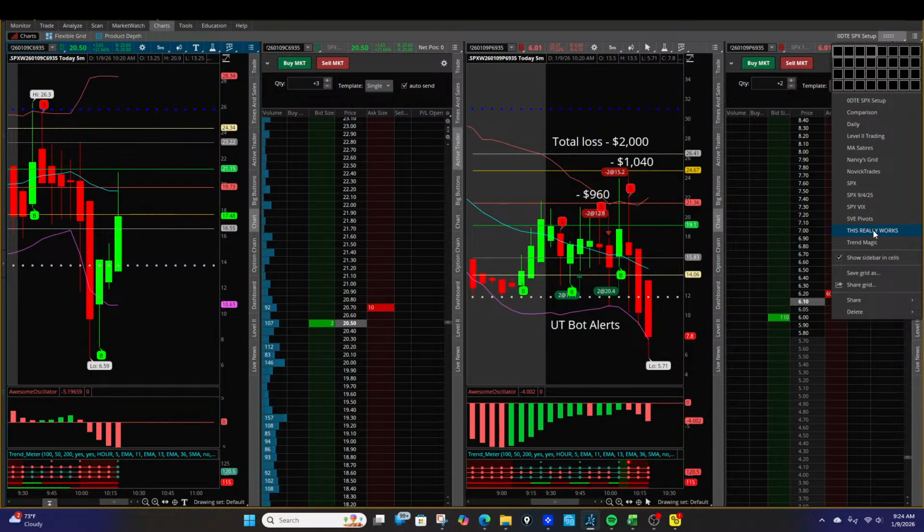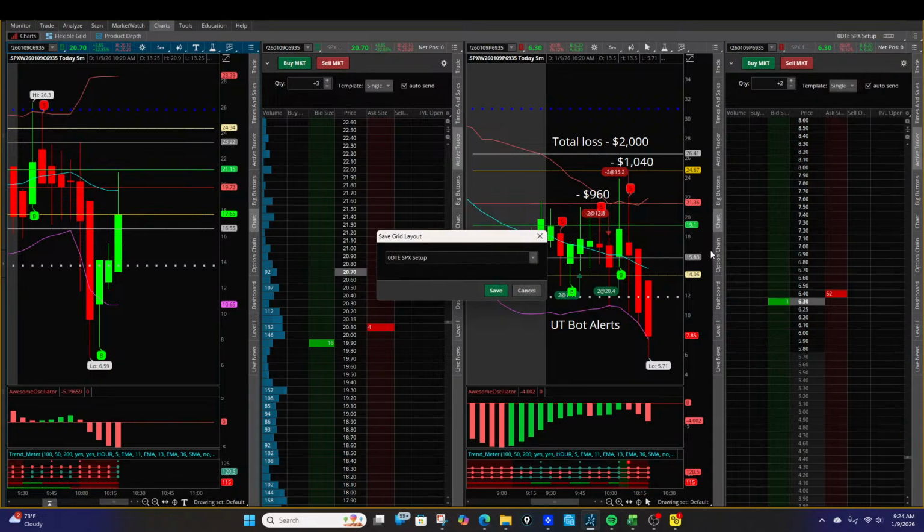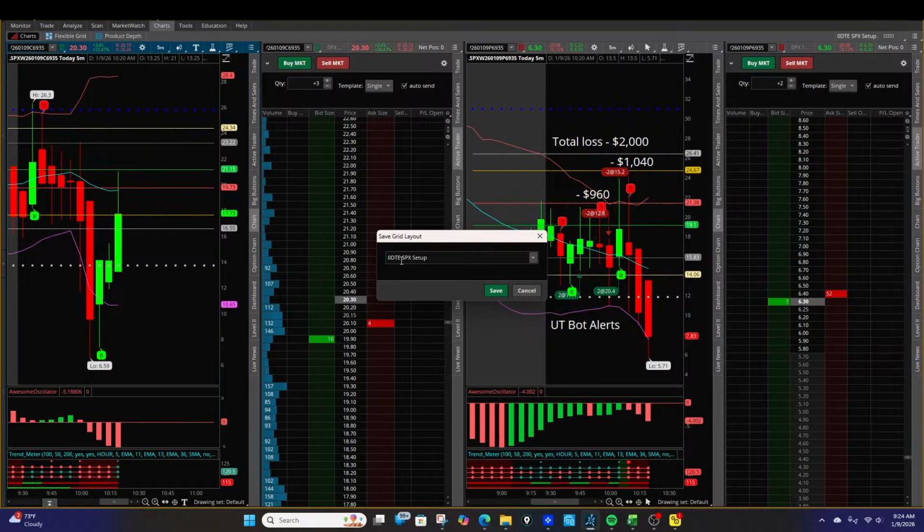When I saw that, I look up there a lot, and that would reinforce the fact that this does work. But this particular one is 0DTE SPX setup.